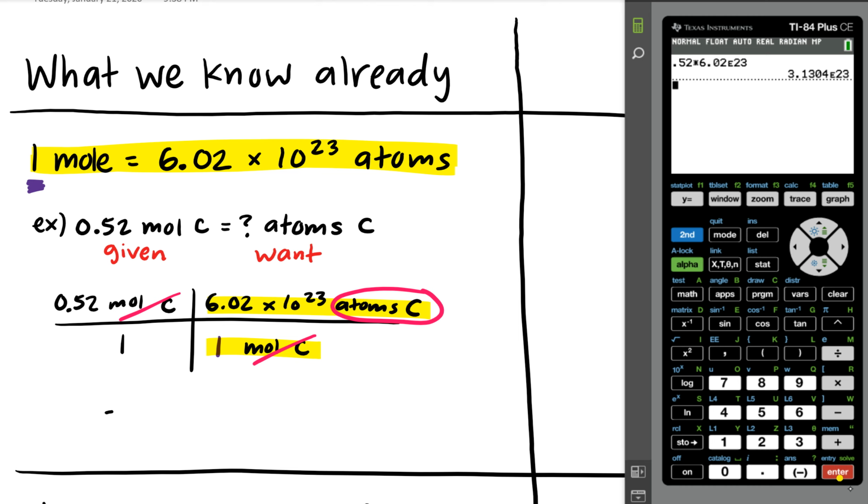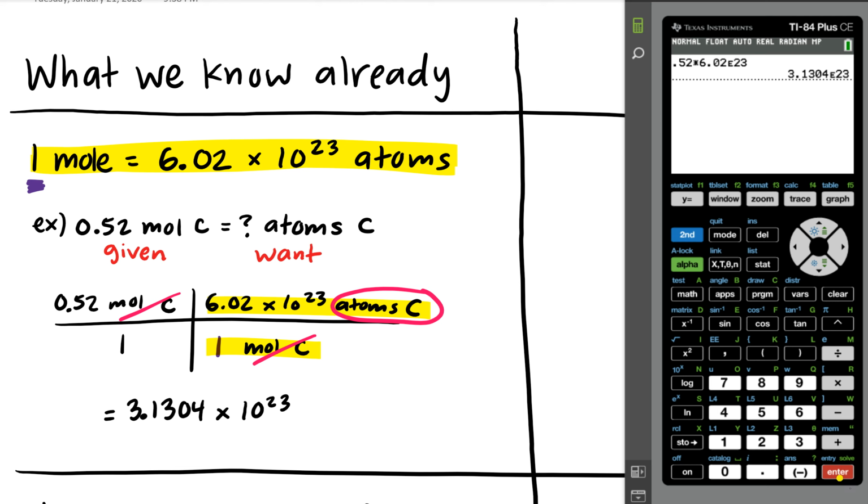My final answer will be 3.1304, and then that E23 in the calculator gets converted onto my paper as times 10 to the 23rd power.